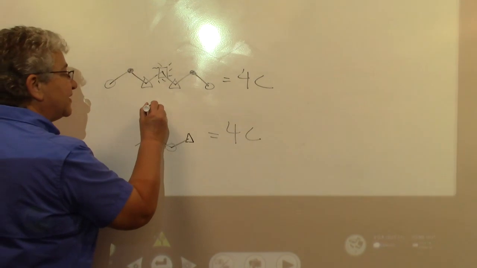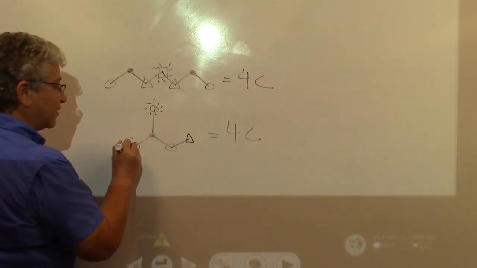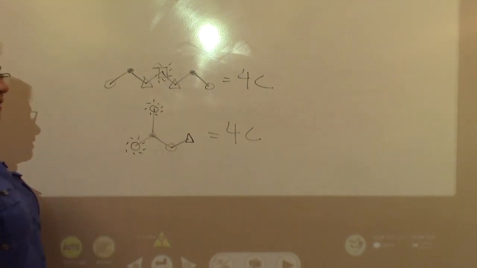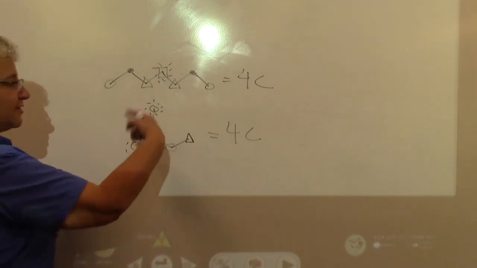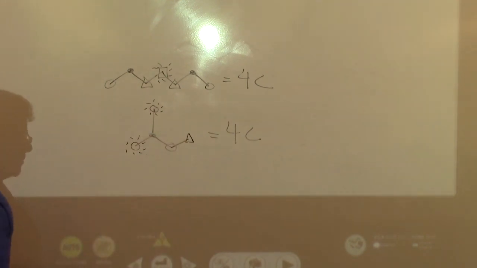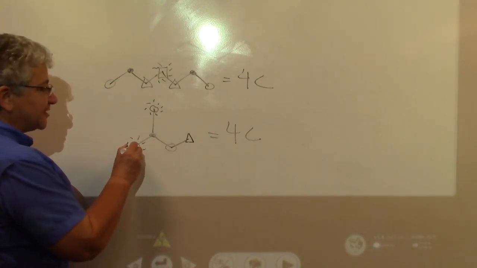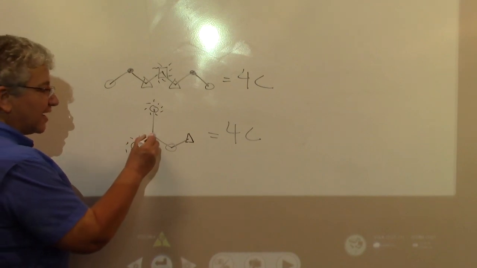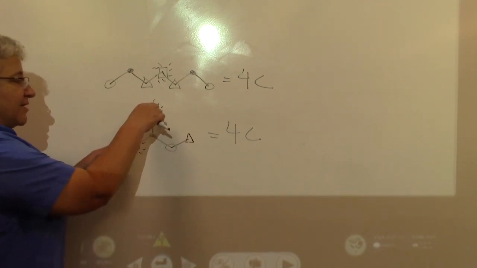But this one and that one are exactly the same. And they're the same, because remember, these are all rotating around, right? That's what they do at room temperature. This is a CH3 bound to 3 hydrogens and a CH. CH3 bound to 3 hydrogens and a CH, right?